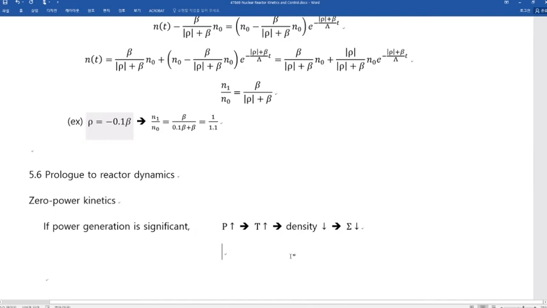So if power generation is significant, what other effects? We may expect Doppler broadening. This is the effect on resonance capture cross-section.